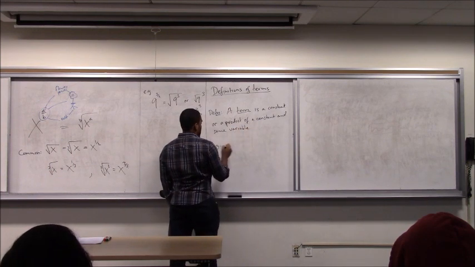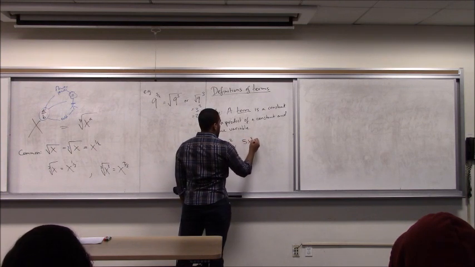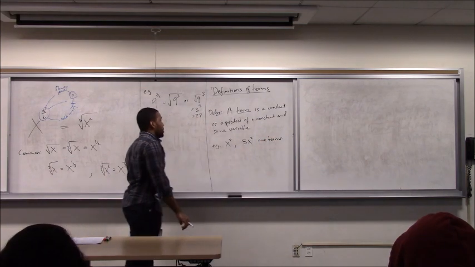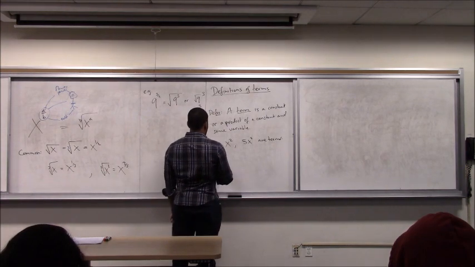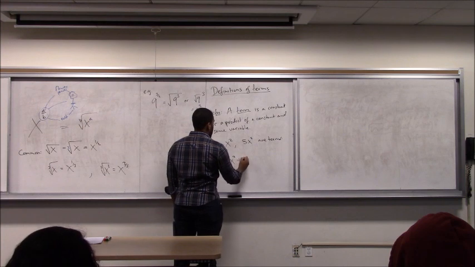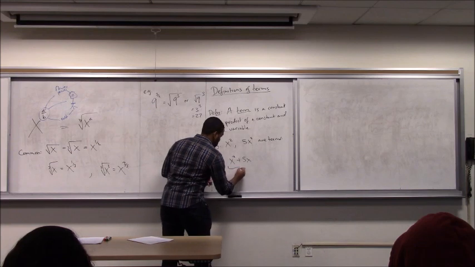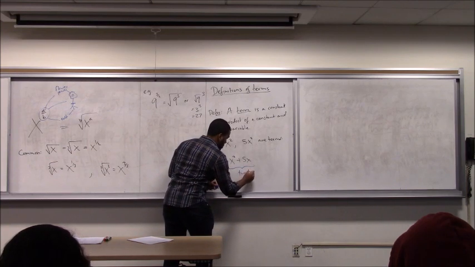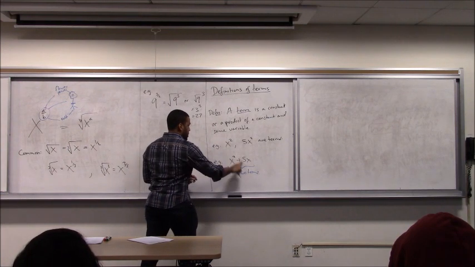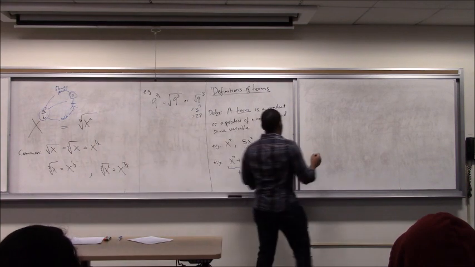So for example, x squared and 5x squared are terms. If I look at x squared plus 5x, I can think of this as two terms. Right? x squared by itself is one term, 5x by itself is another term, and I can add them together. I create two terms usually.